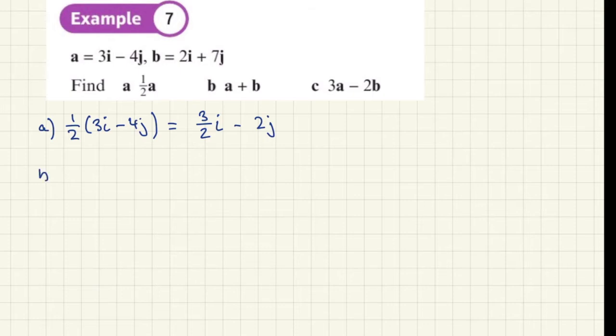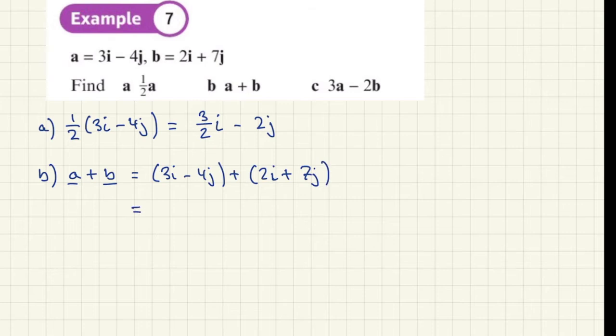For part B, we're asked to find A plus B, which is 3i minus 4j plus 2i plus 7j. Again, we can just add the i components. 3 add 2 is 5i, and minus 4 plus 7 is plus 3j.